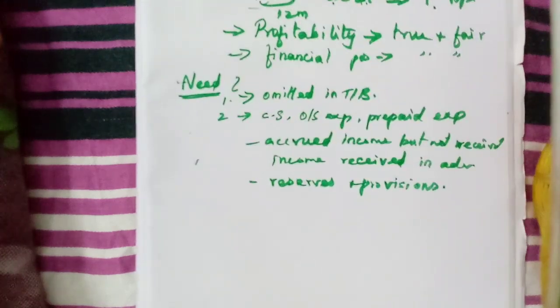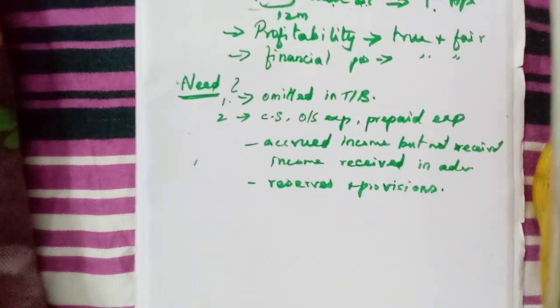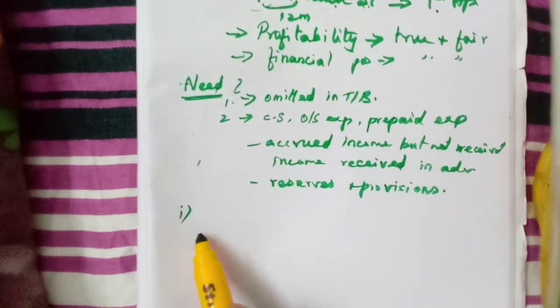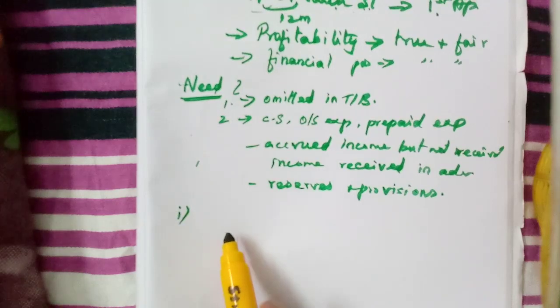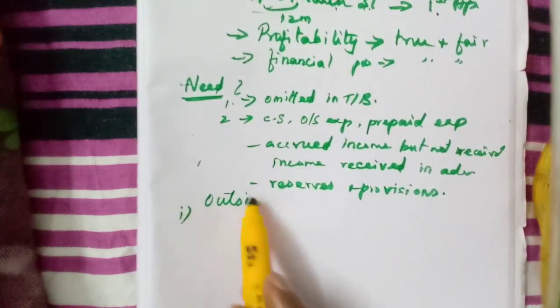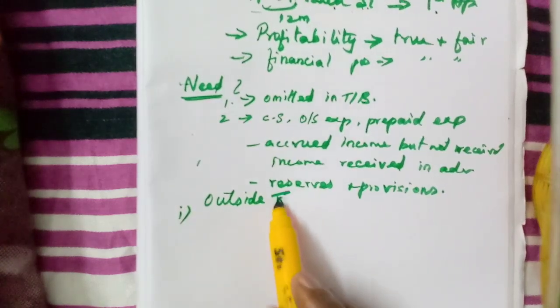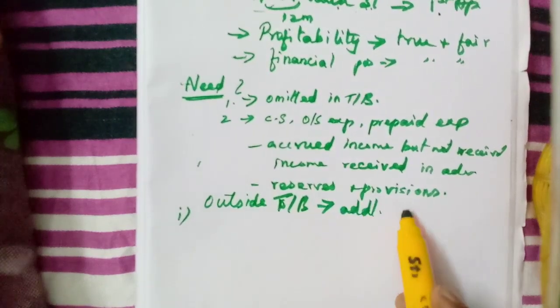So it is very essential that we make the adjustments. Usually these adjustments will be given outside the trial balance as additional information.